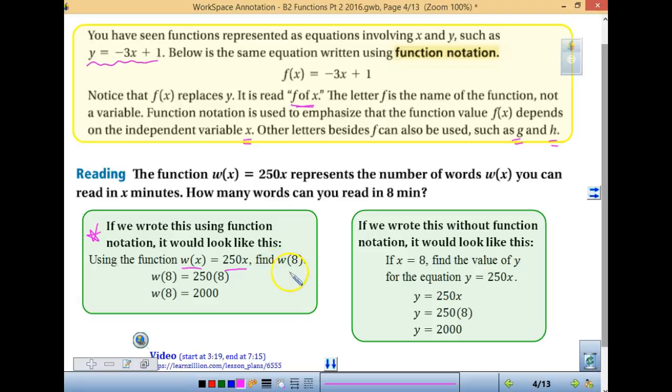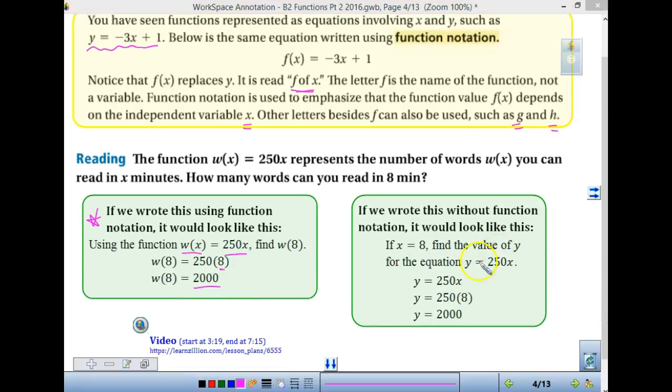We're trying to find 8, so we're going to replace x with 8 in our equation. 250 times 8 would give us 2,000. If we were writing it not in function notation, as a linear equation, y equals 250x, we would have still got the same answer.